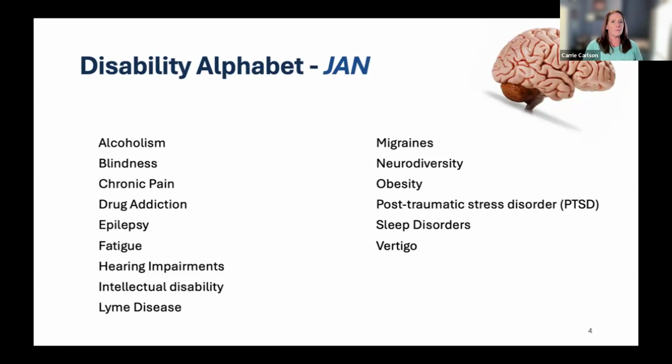So we have alcoholism, blindness, chronic pain, which Wendy just mentioned a little bit ago, drug addiction, epilepsy, fatigue, hearing impairments, intellectual disability, Lyme disease, migraines, neurodiversity, obesity, post-traumatic stress disorder, also known as PTSD, and sleep disorders, right? I laughed when I started putting this together because I'm like, oh, I remember these from brain-like signs and symptoms, right? A lot of these things are on there. So not that this is an exhaustive list, but it is a list of some of those.